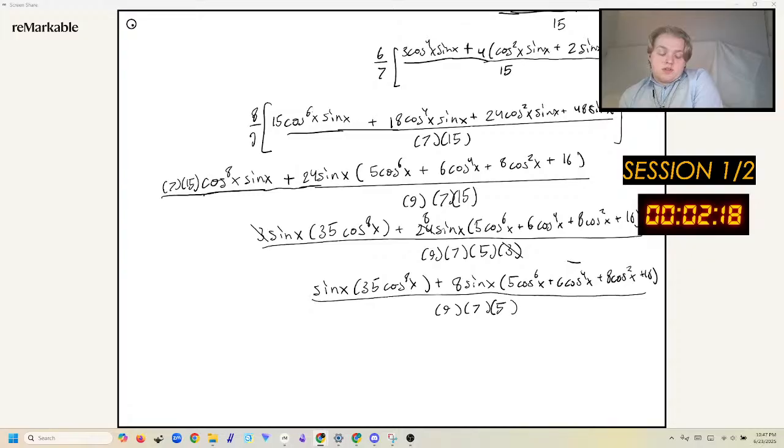In this other side, though, we could take out a 5. So 5 times 7 is 35. However, it isn't going to simplify much because both of those terms are odd and prime, and we can't simplify the 8 sine x that we have out here. So that looks like it's going to be no dice.